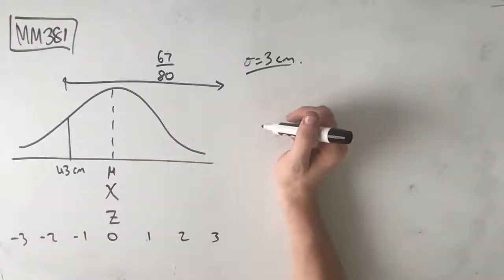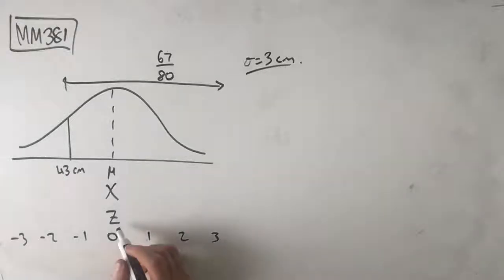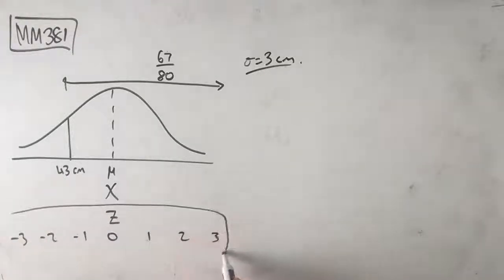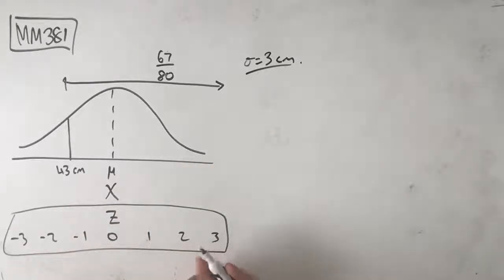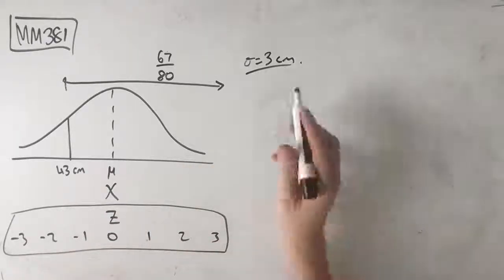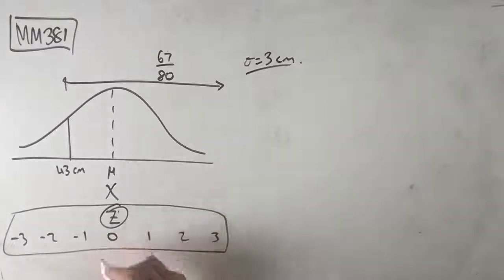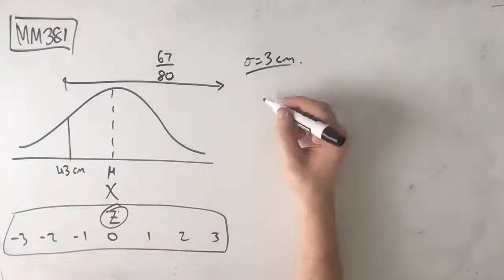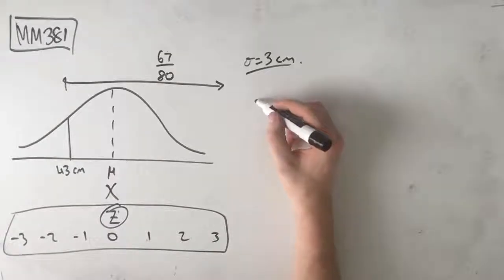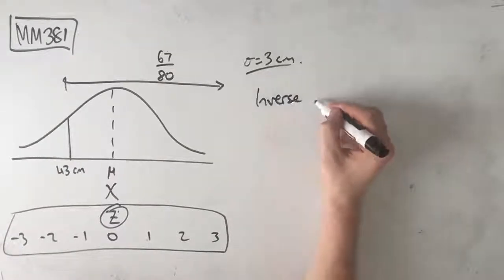So what we need to do is actually find our corresponding z value for this distribution, and then find the x value based on that. You'll see what I mean by that in a second. So we can actually use inverse normal, but we need to find our z value first before we find our x value.